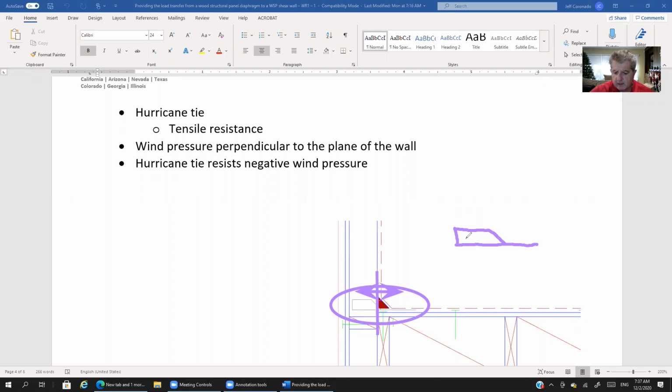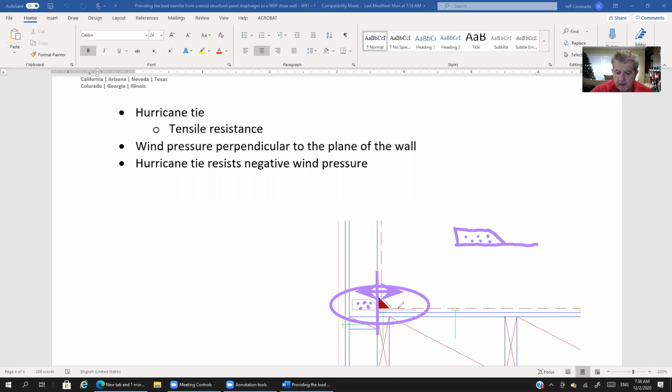What this has, and it's not drawn in, is nails that go from this flat plate of this tie into the stud right here. And then the strap, the hurricane tie, twists and turns, and then it becomes flat in the other direction.